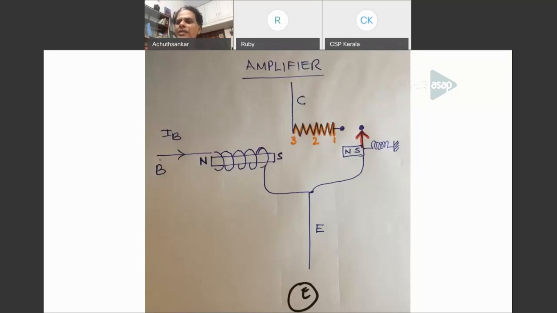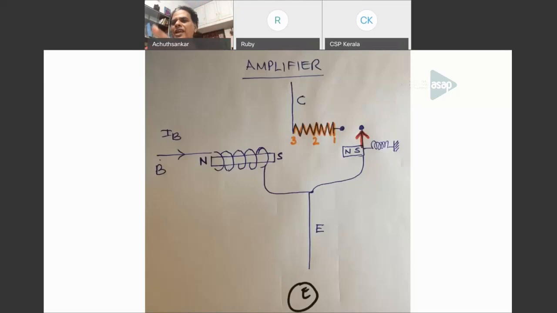I hope you all can imagine this. You can do this experiment in your mind. You can imagine this will happen. That means in inverse proportion to the base current, the resistance between collector and emitter will change. So if your signal is increasing like this, then the resistance will be exactly the opposite.